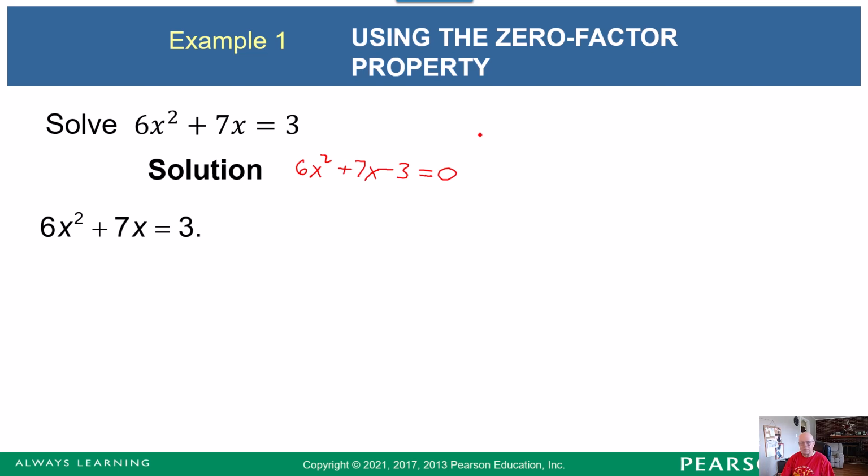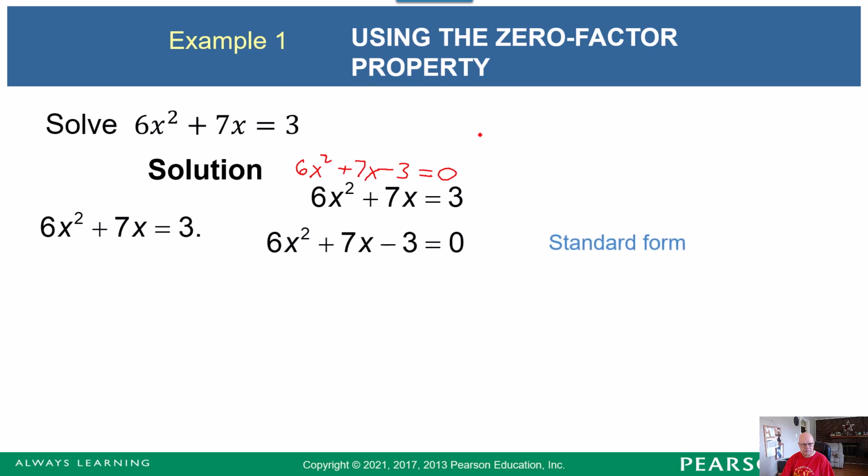And factoring it, there are the two factors. Simply, that means we've got 3x minus 1 is a number. 2x plus 3 is a number. Multiplying those two numbers, whatever they are, we're getting 0. That means one of those two guys, either this one or both, are 0.